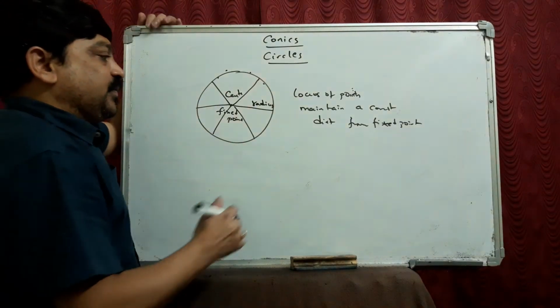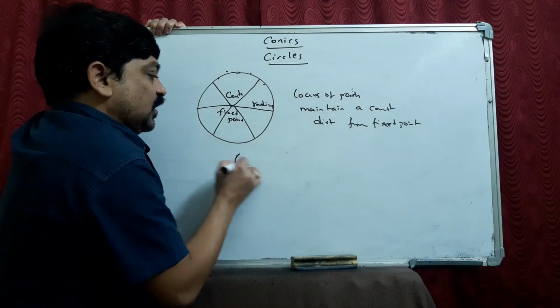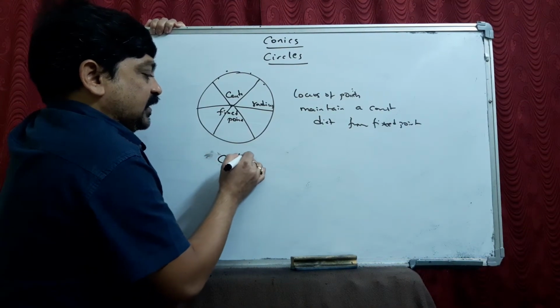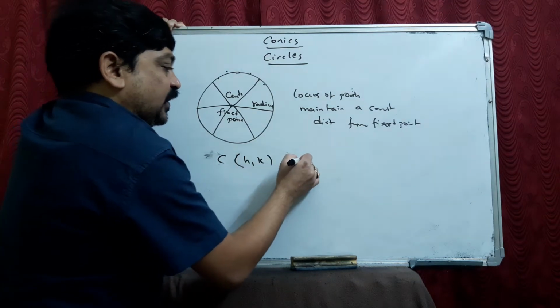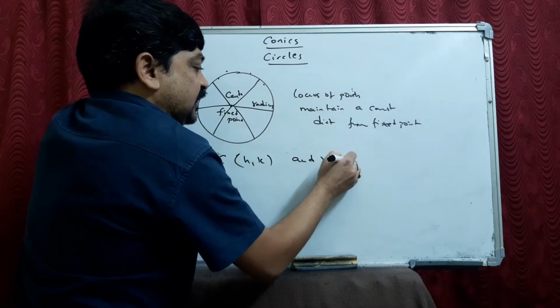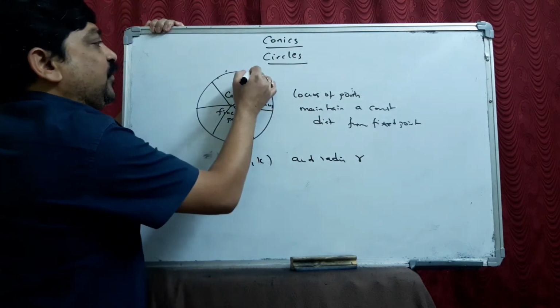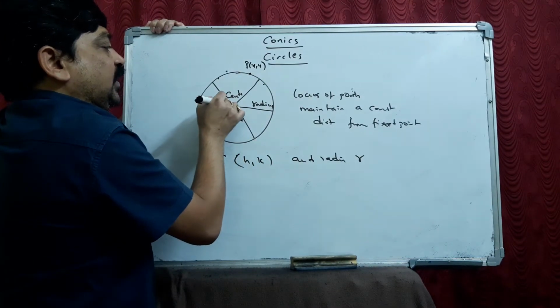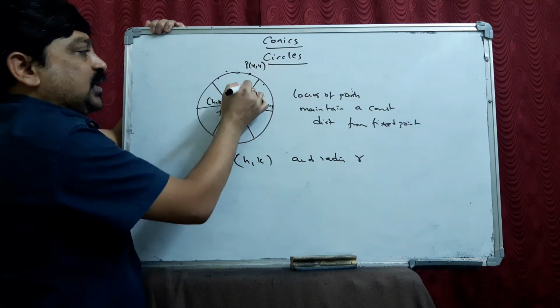And the general equation of a circle: the center can be taken as h comma k usually, and if the radius is r, and you take any point P x comma y here, and this is h comma k, the distance between these two is r.